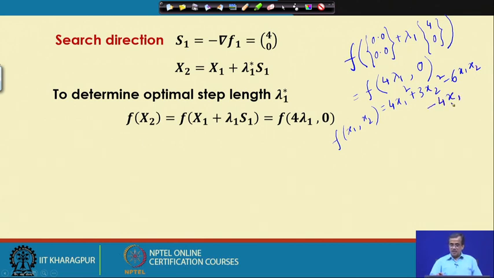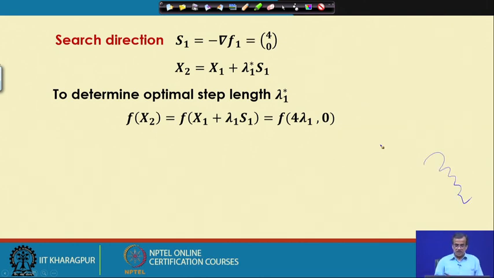If I substitute x1 as 4 lambda1 and small x2 equal to 0, I will be getting the expression for f of X2, that is 64 lambda1 square minus 16 lambda1.